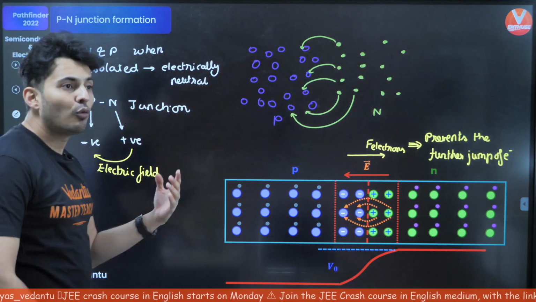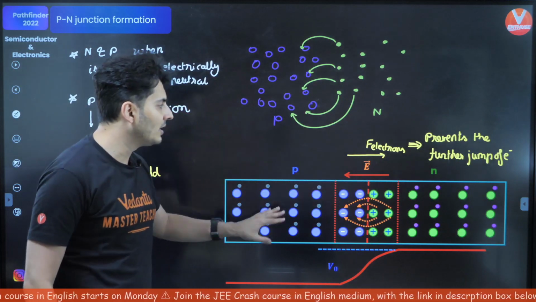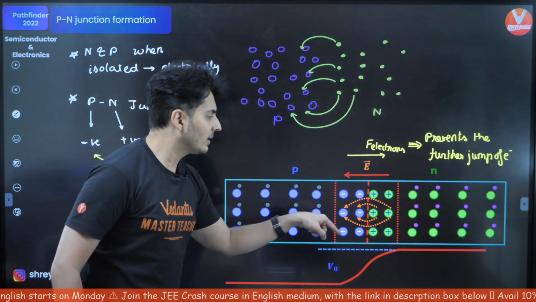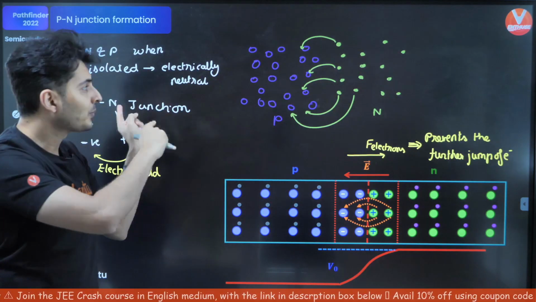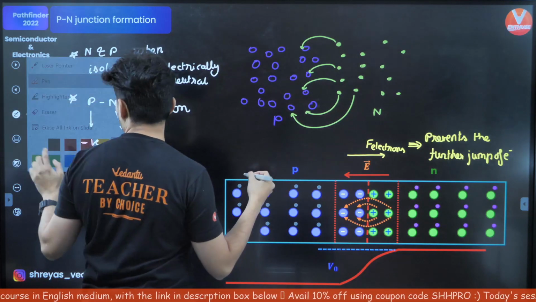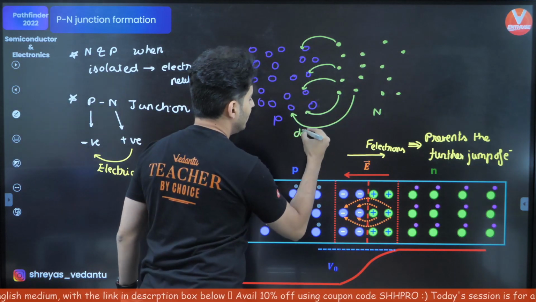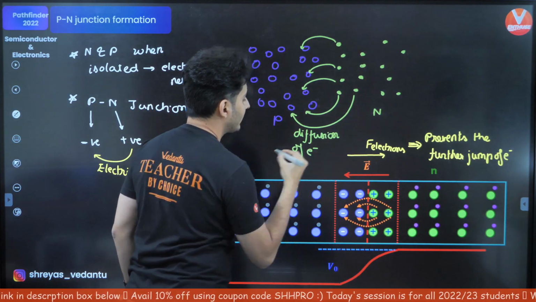Everybody clear? So which direction do you think the diffusion current will be? If electrons are going from here to here, they are completely migrating, all right? All these electrons migrated. So which side will the diffusion current be? Think about it. This is the diffusion of electrons.